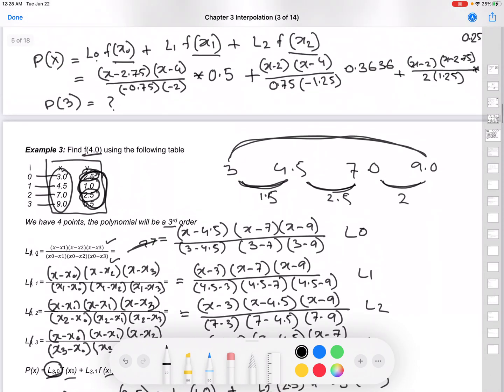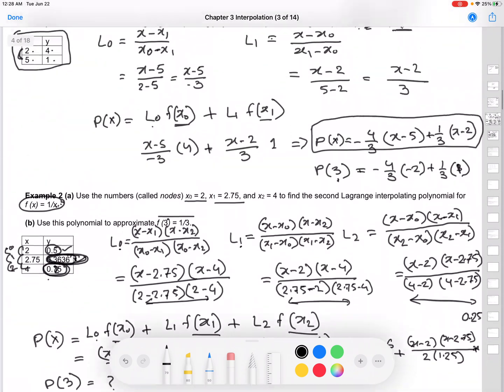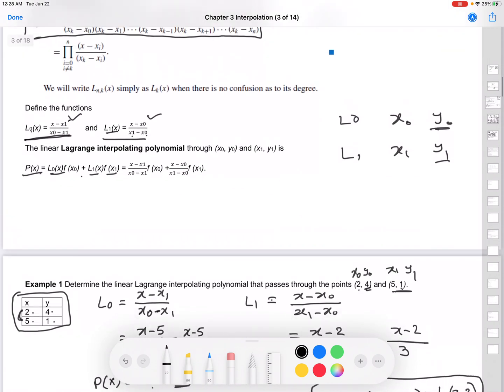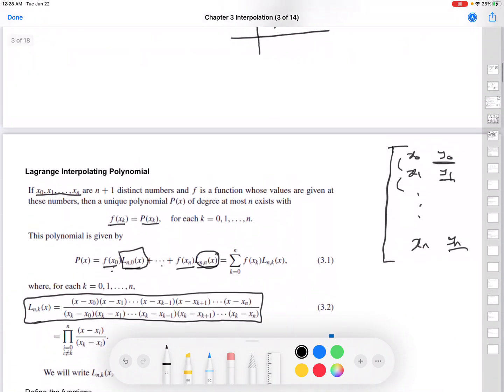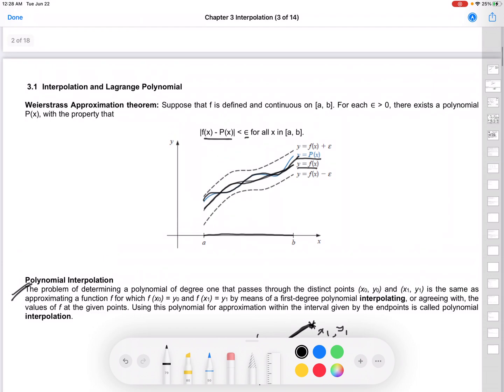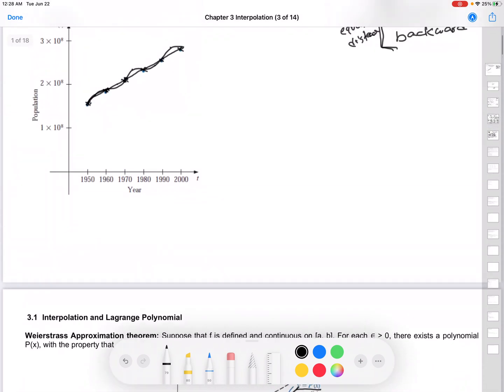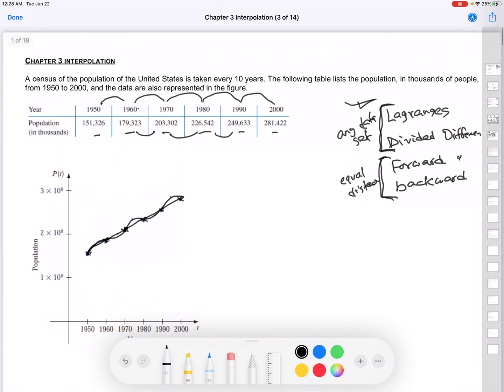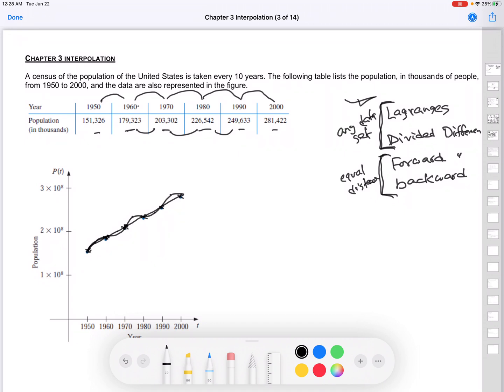I'm going to complete this one for you guys and upload, but this is the video for Lagrange interpolation. The rest of the technique, divided difference forward and backward, I am going to upload in a different file.